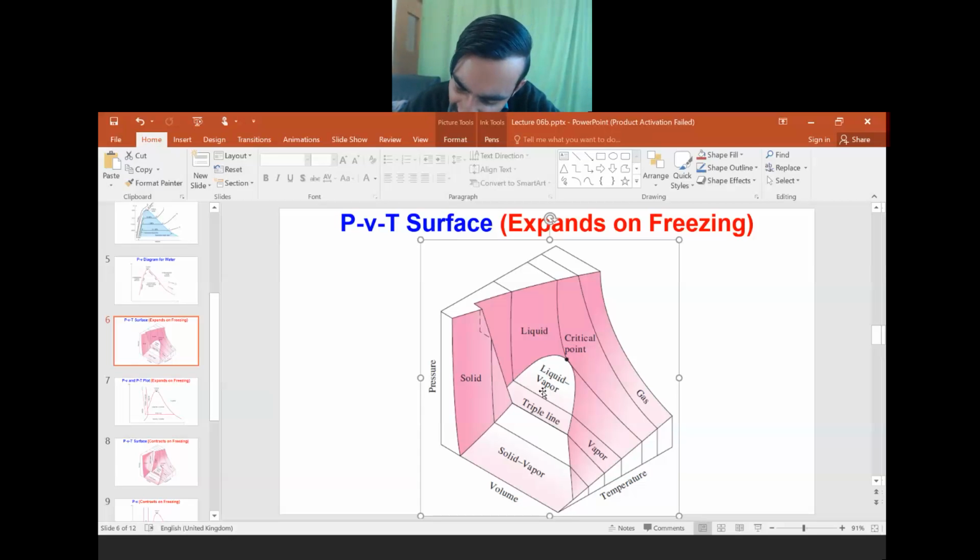So for this entire line, immediately above we find liquid and vapor, and immediately below we find solid and vapor. Across this entire line, we have the presence of all three phases in coexistence. That's why we call this our triple point line, or triple line. Is this clear now?